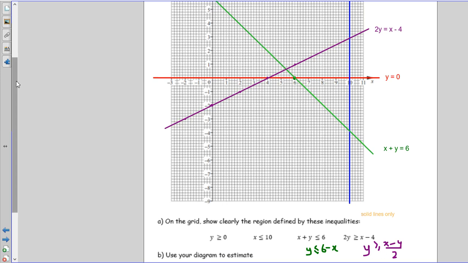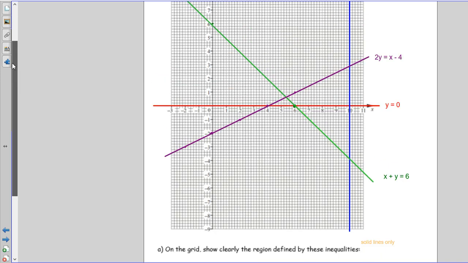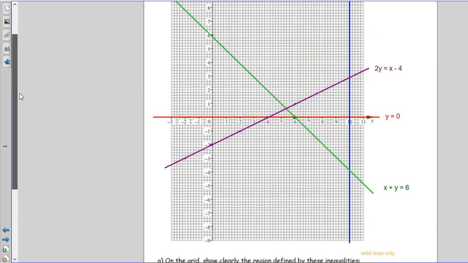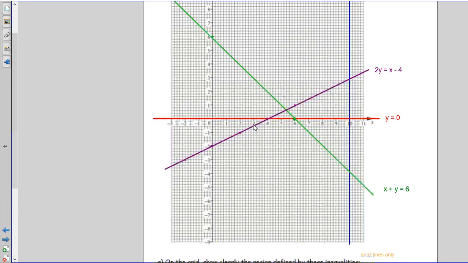So try to think, if you shaded all of above the red, and all of to the left of the blue, and all of which is, is it above or below? Below the green, and all of which is above the purple, which parts would have been shaded 4 times?